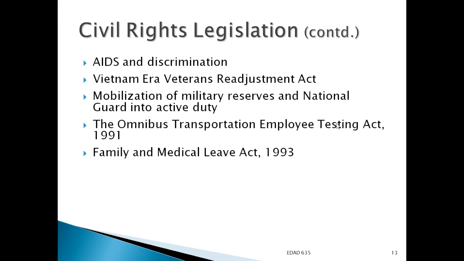For instance, the AIDS legislation is a good example, and I'd suggest that you think about Ryan White, the discrimination he went through. It's a pretty famous historical landmark situation that ended up with this legislation.